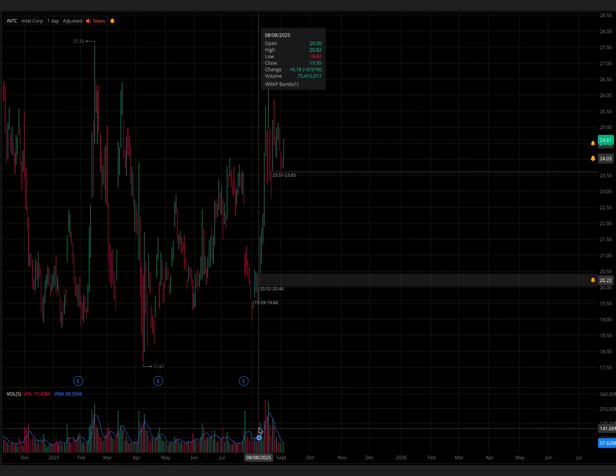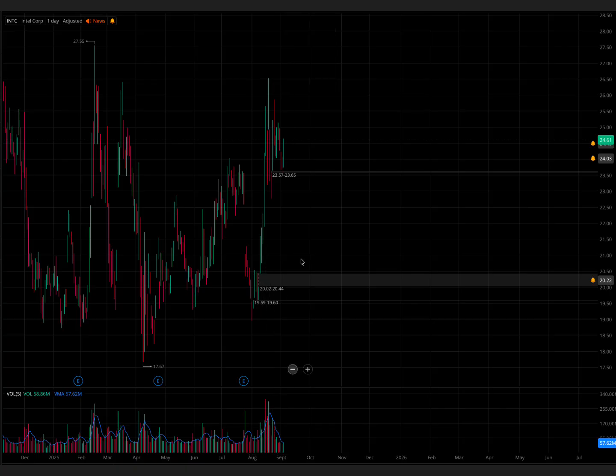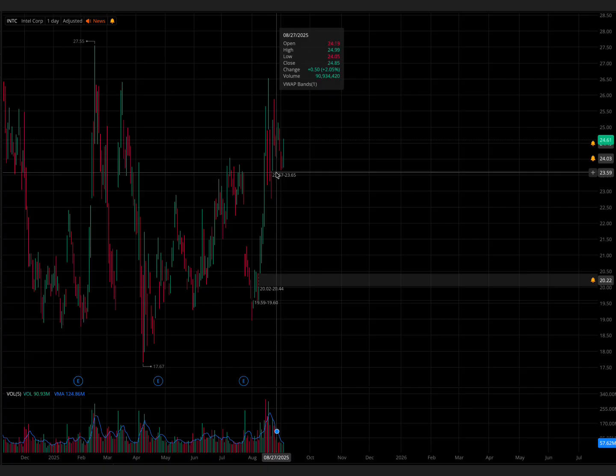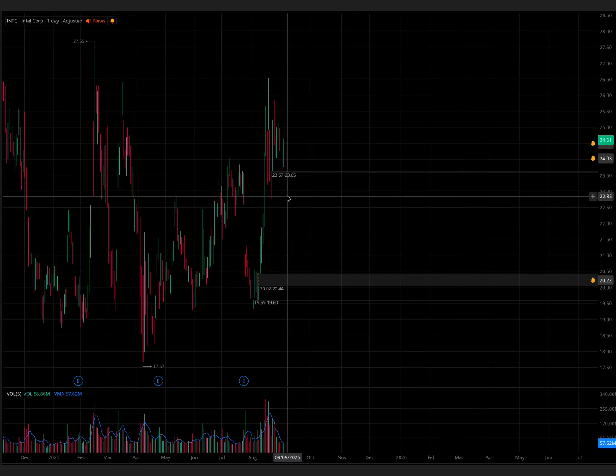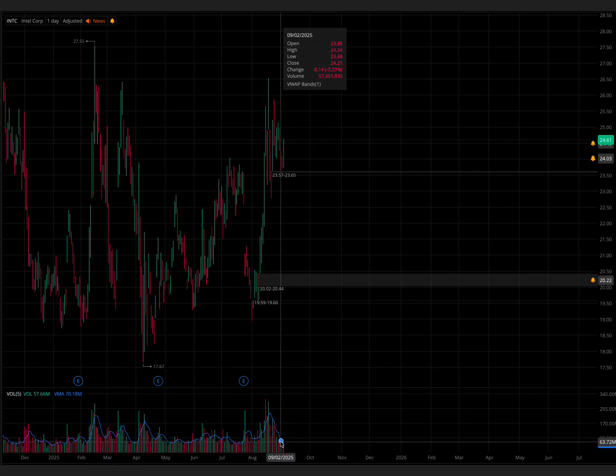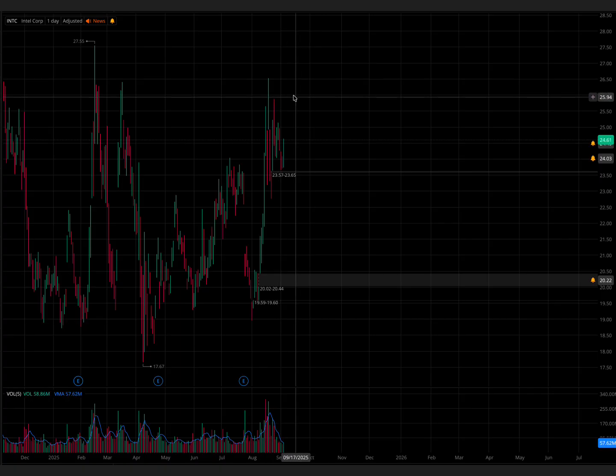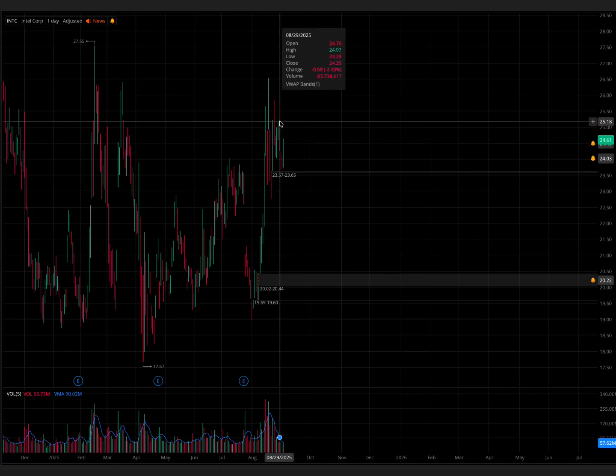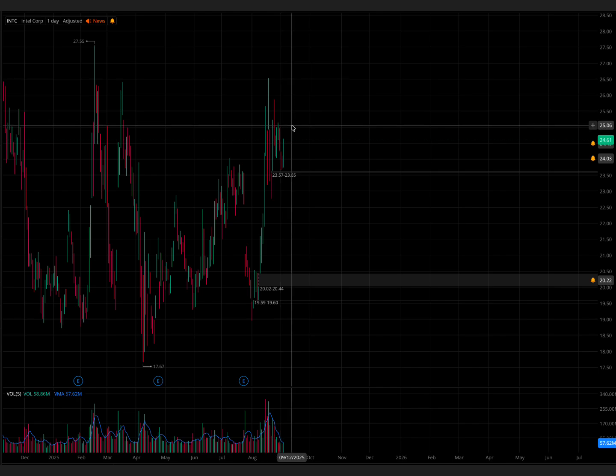So you have the volume here leading into what would be the flagpole, and then you have more volume here that sort of holds the support, and then you have more volume to continue the up part of the flag. So essentially, to confirm that, you would look for a break beyond 24.96.